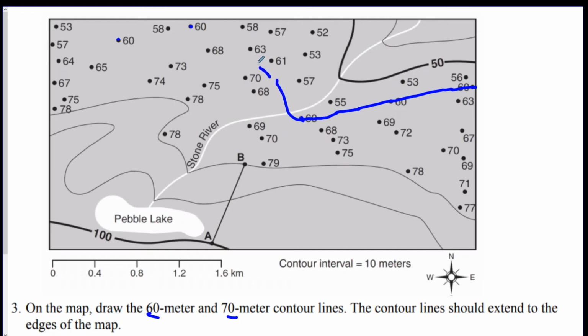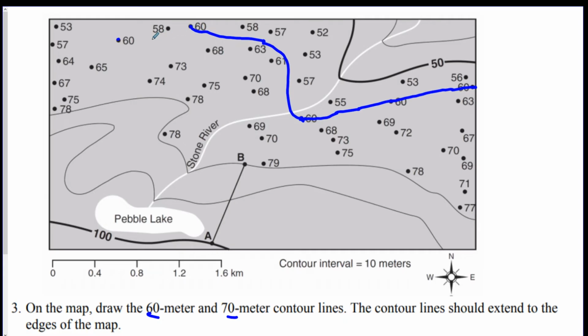Now I can't go this way because 60 is not in between 61 and 70. So I'm going to go between 57 and 61 right here, between 57 and 63, between 58 and 63, and then get this 60 right there. There's no other way to go because you can't go in between numbers that aren't around 60.